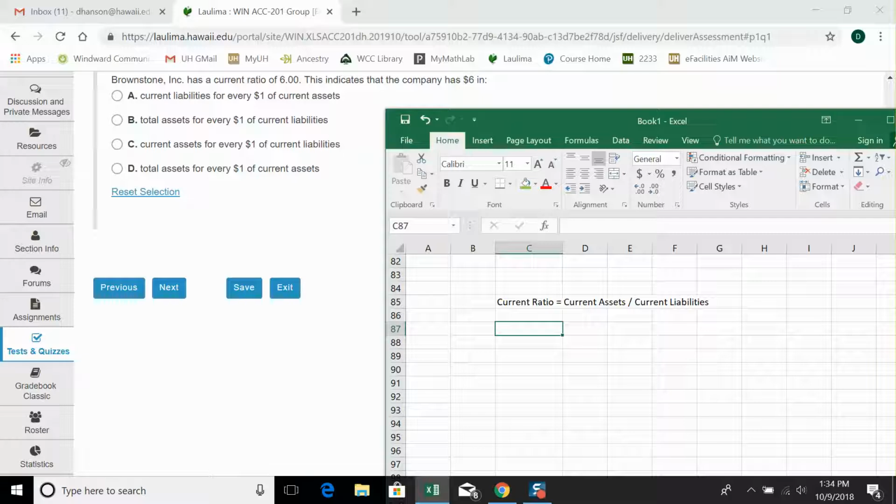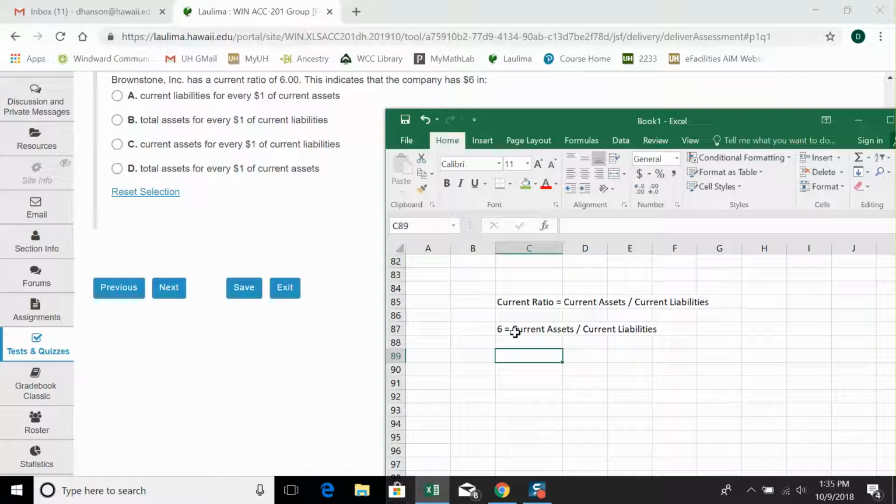Okay, and they're saying that their current ratio is 6. So 6 will equal whatever the current assets are divided by the current liabilities, and it really is reducing down to 6.